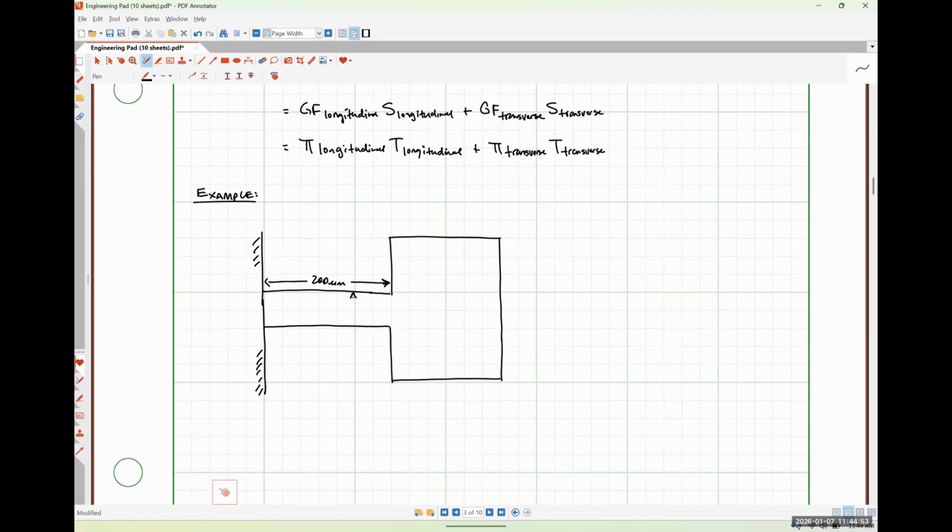The width of our beam is 20 microns. For our proof mass, I didn't draw it this way because I'm just bad at drawing, but it's supposed to be a square, 50 micron by 50 micron, like so.